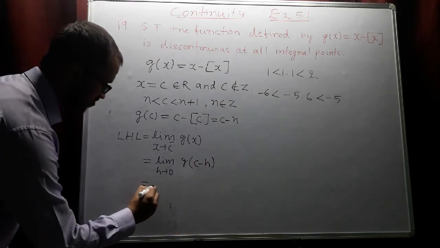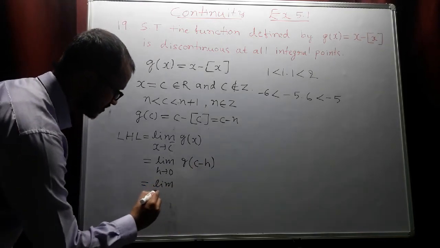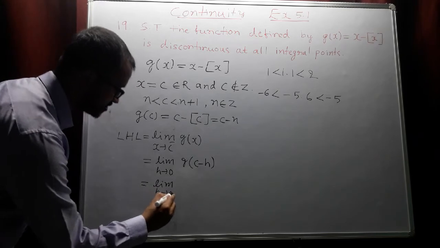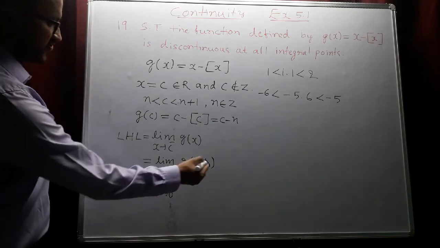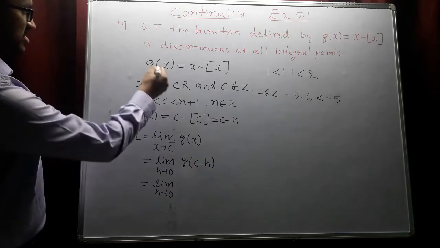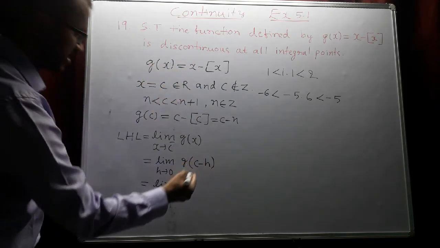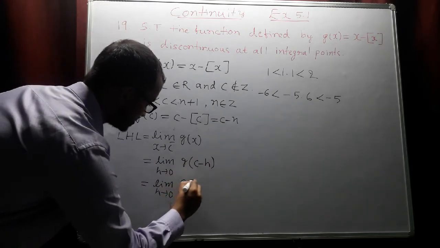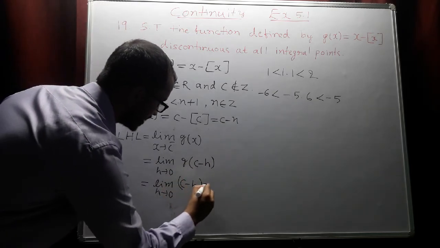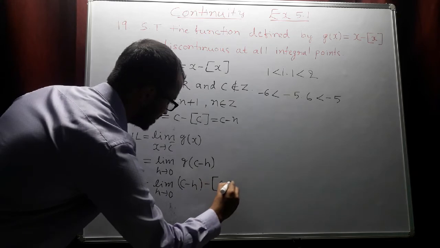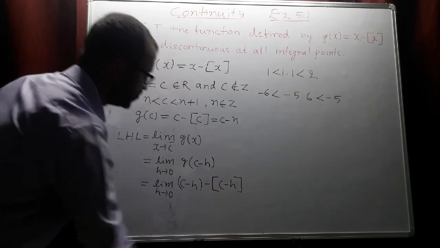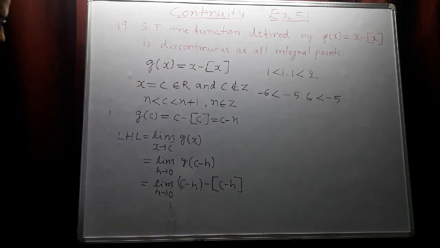So g of c minus h becomes c minus h minus the greatest integer less than or equal to c minus h.